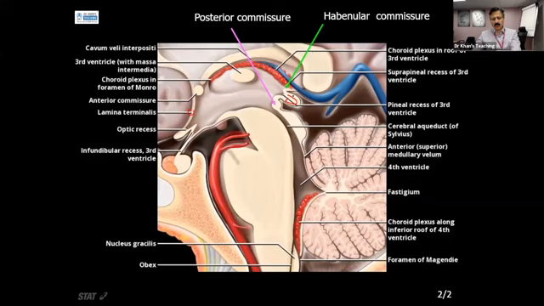Now concentrate on the pineal gland. Superior to the pineal is another commissure, which is the habenular commissure. So inferior to the pineal is the posterior commissure. Habenular commissure is superior to that.